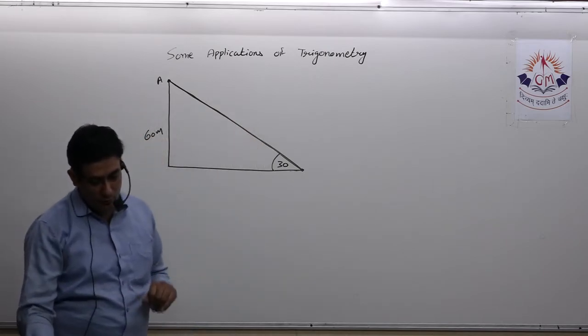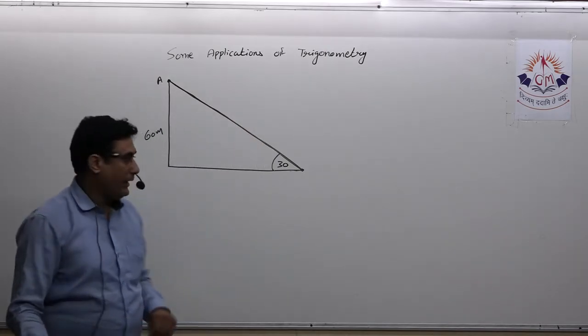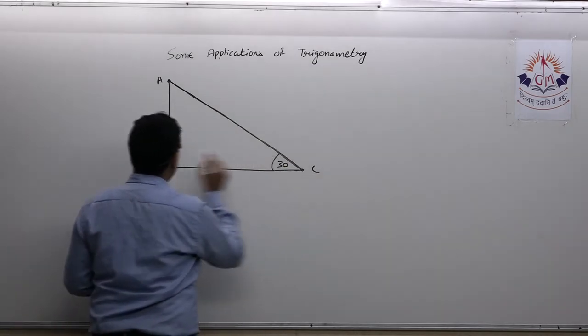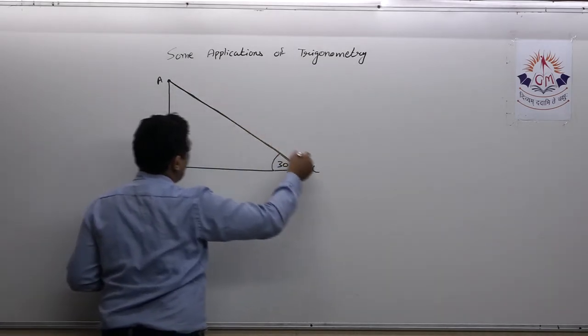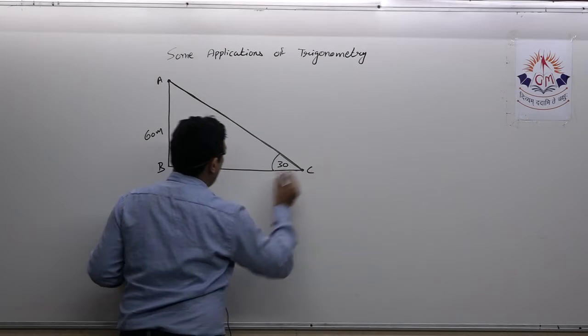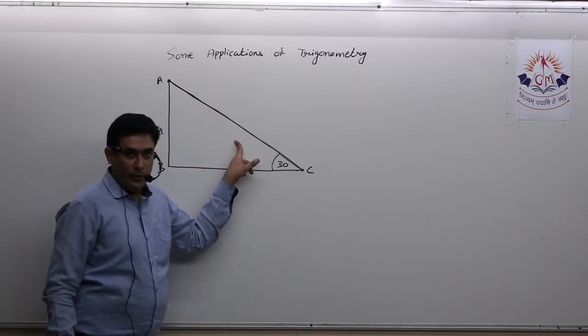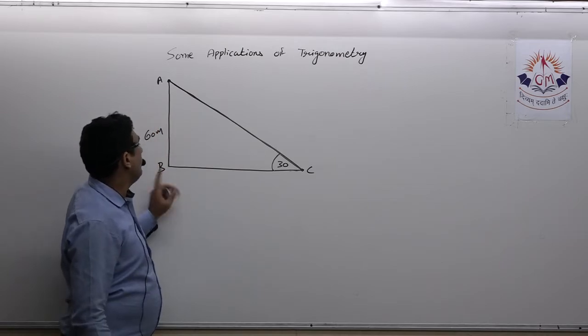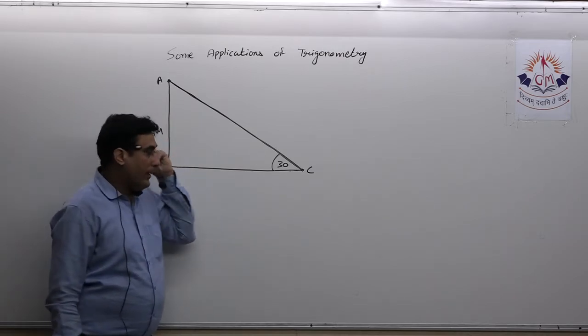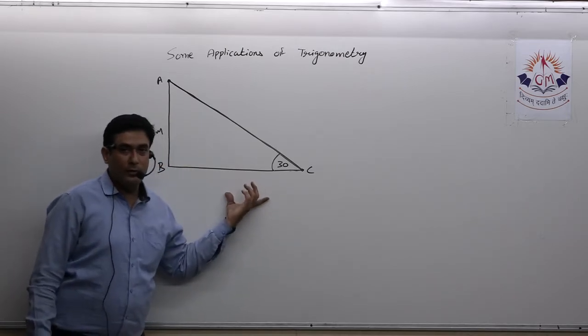What we have to find is the length of the string. If I name the point C, what I have to find is the length AC. For this angle, AC is the hypotenuse and AB is the perpendicular. Why am I not talking about BC? Because it is not given.